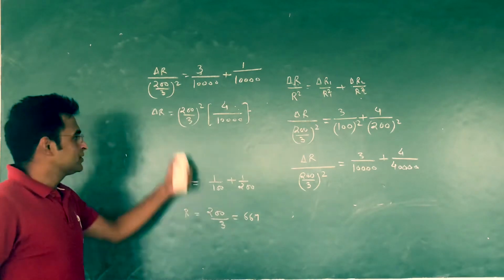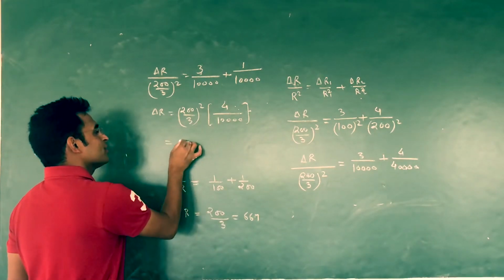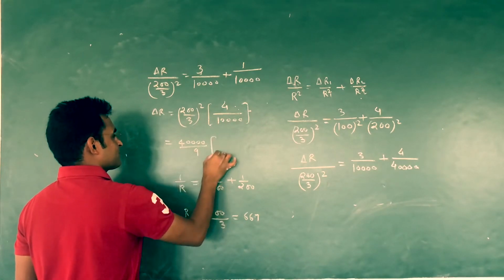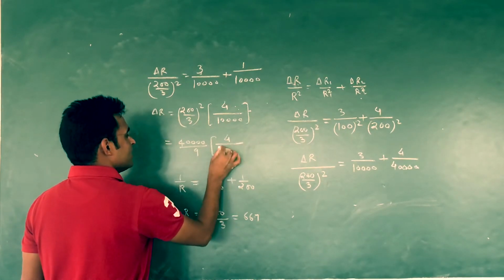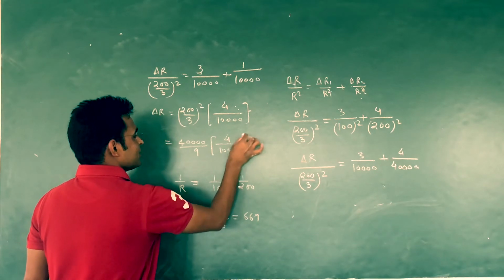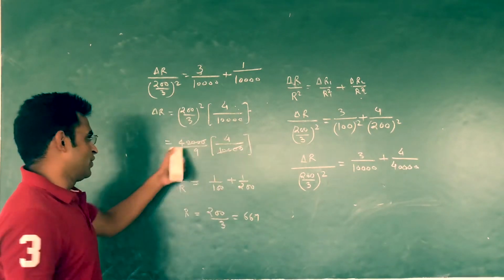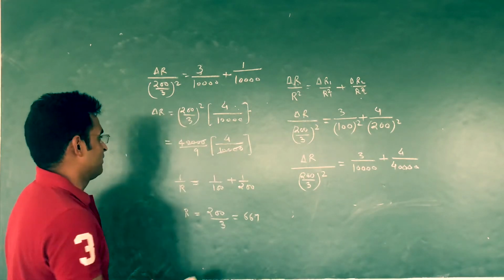And if you solve this one, guys, what will we get? This is 40,000 by 9. This is 4 divided by 10,000. So this gets cancelled, 40. Now this is 4 into 4, that is 16. 16 divided by 9.